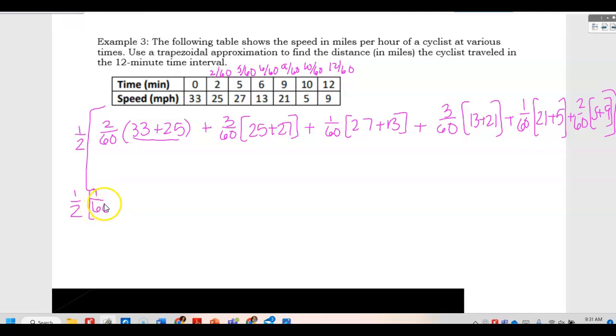So maybe that'll make you feel better. 58 times 2 is 116. 25 and 27 is 52. 52 times 3 is 156. 27 and 13 is 40. 13 and 21, 34. 34 times 3.